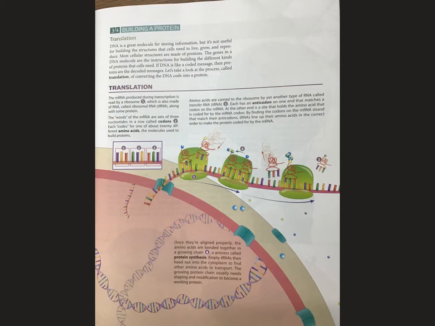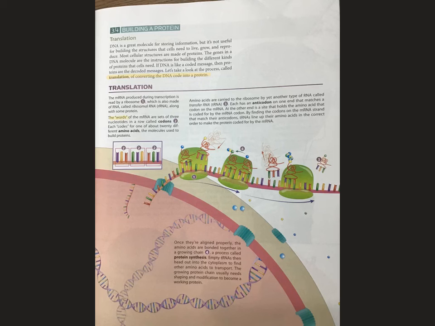Okay, moving on, guys, to the last page here, which is translation, okay? Translation is converting the DNA code into a protein. You also need to know about codons here, okay?